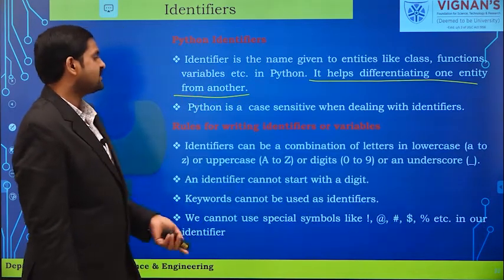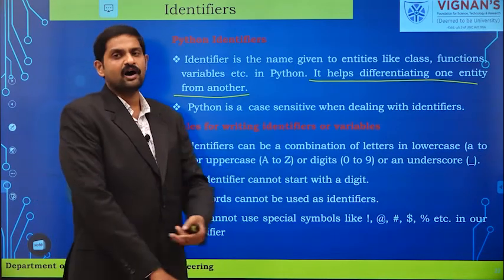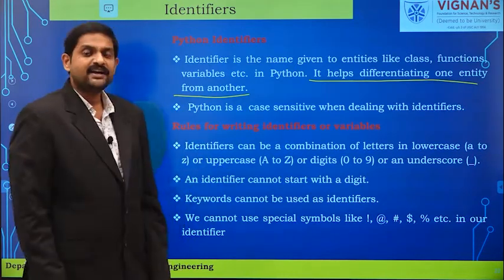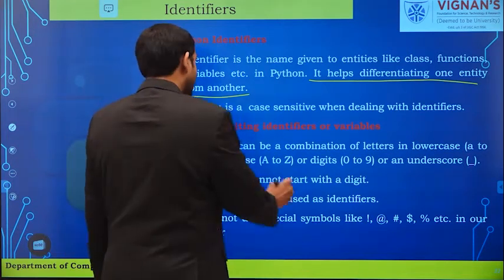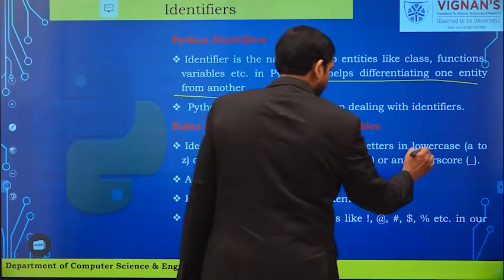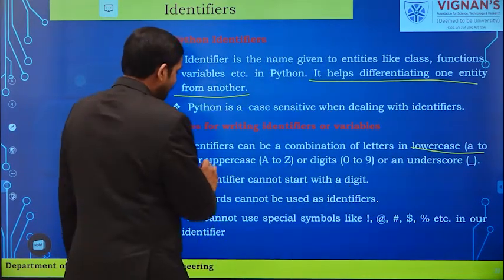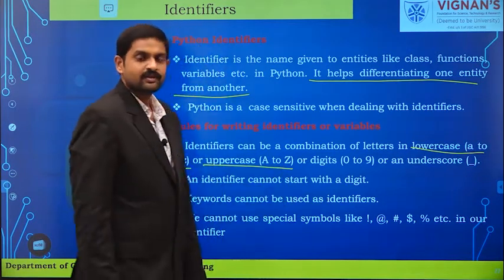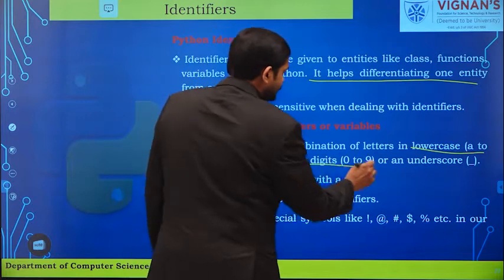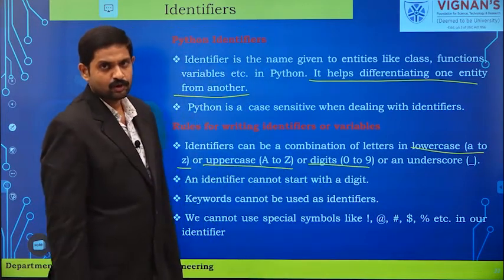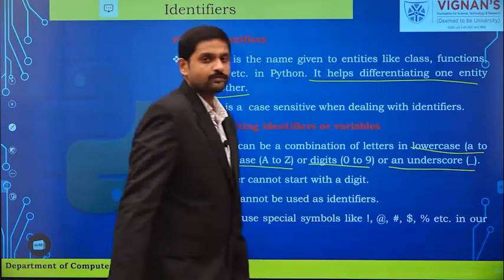Here we will see the rules for writing identifiers or variables. Identifiers can be a combination of lowercase letters from a to z, or uppercase letters from capital A to capital Z, or digits from 0 to 9, or an underscore.